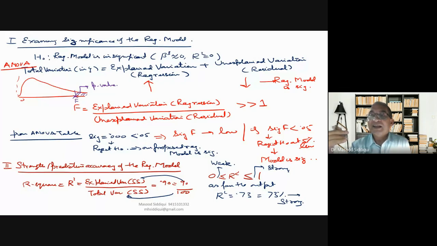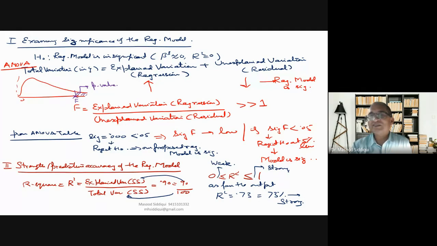In a number of researches, not only in behavioral science, but in the field of commerce and economics, even a low value like 0.2 or 0.3, we say that our model is substantially strong. So it is always better to avoid the judgmental word like strong or weak.